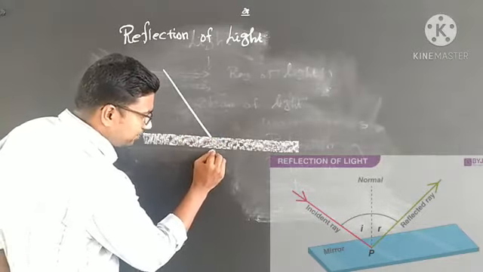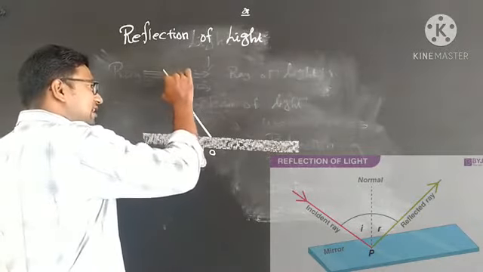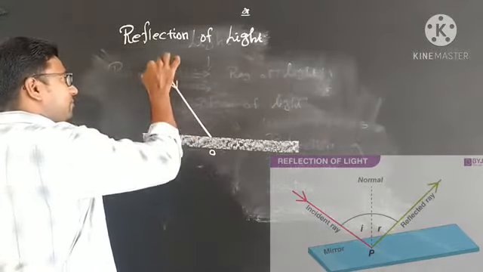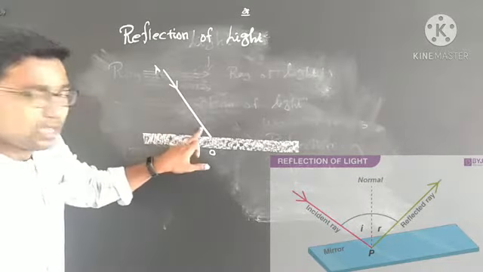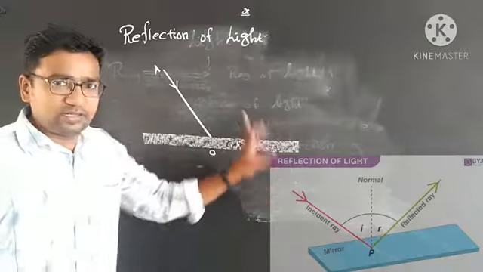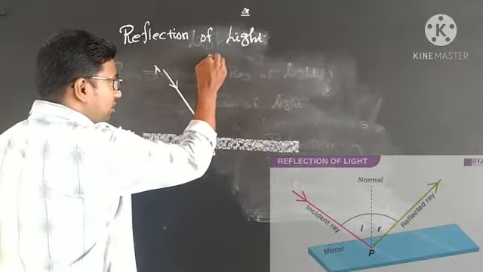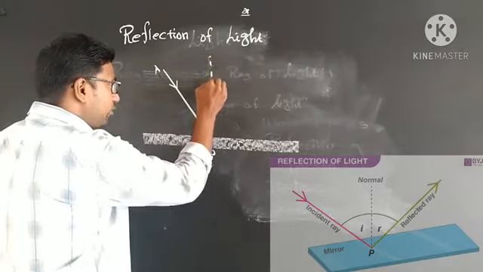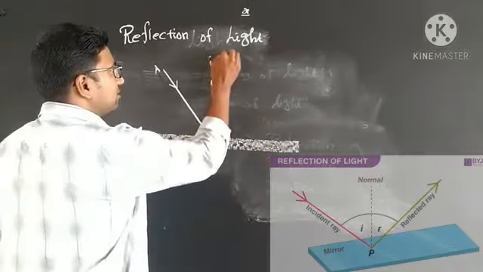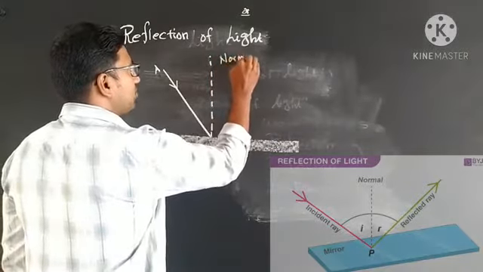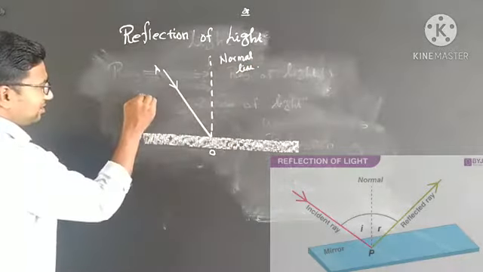I am going to fix it as point O. The passing light, that is the incident light, is named A. From the point A, the incident light is going to impact on the polished surface. Immediately I am going to draw a normal line to the polished surface, that is the reflecting surface. This is the normal line. This is the incident ray.